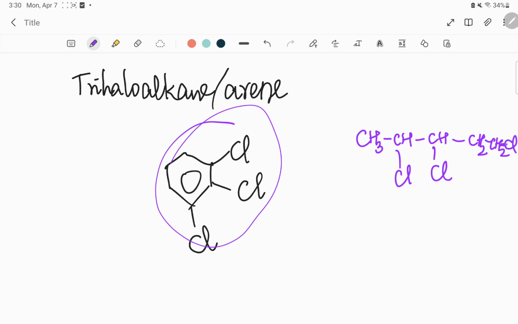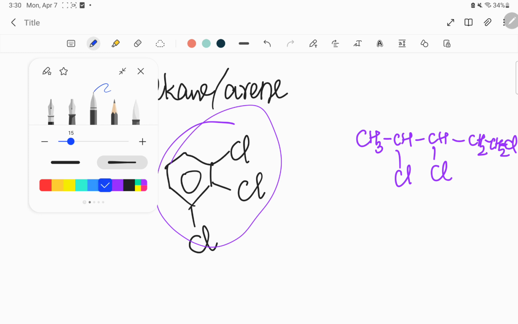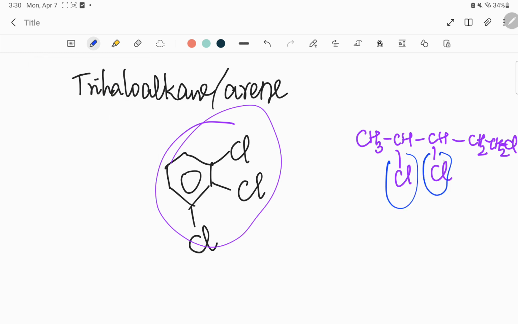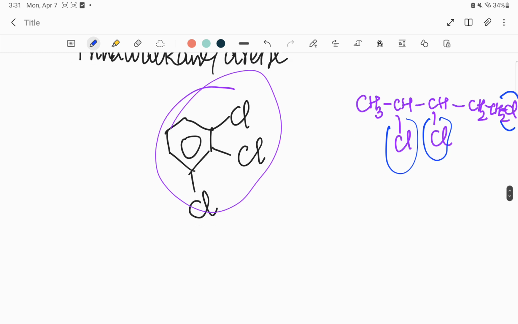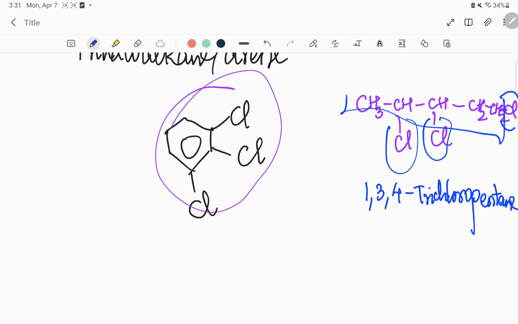If I take this compound for the example of trihaloalkane, you can very well see that there are 3 halogen atoms. So it is a trihaloalkane, and the name of this compound will be 1,3,4-trichloropentane, because there are 5 carbon atoms in the main chain.